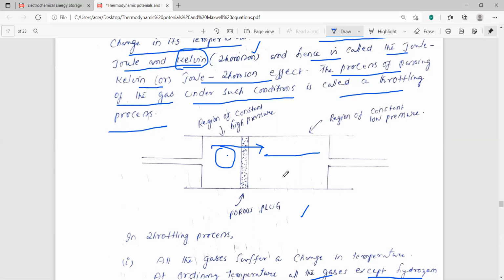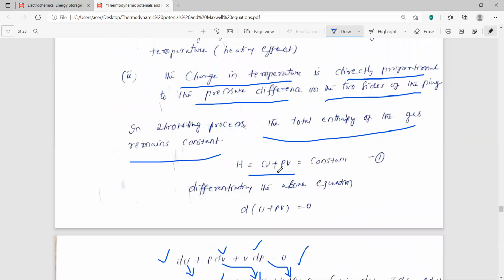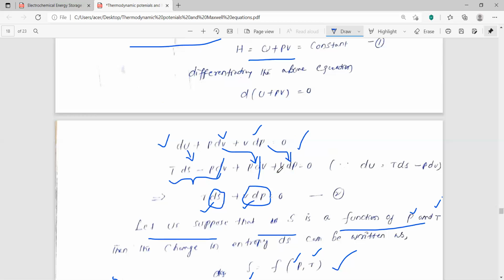In most cases, at ordinary temperatures, the temperature of all gases gets reduced, but except for helium and neon, whose temperatures rise slightly. From there, I can derive the equation of the coefficient of Joule-Thomson expansion μ. After that, I applied this throttling process to a perfect gas, and I applied this process to a van der Waals gas.